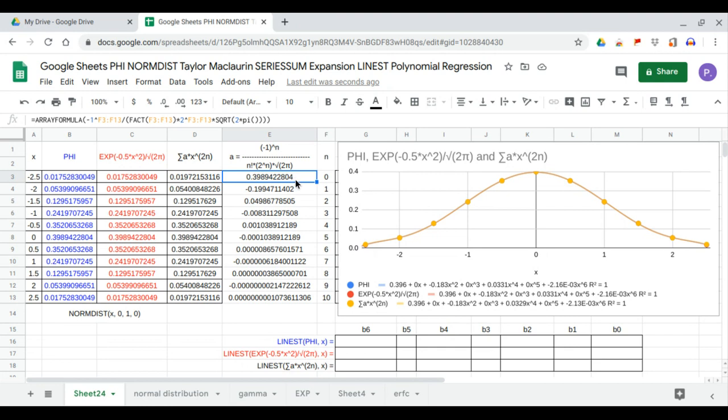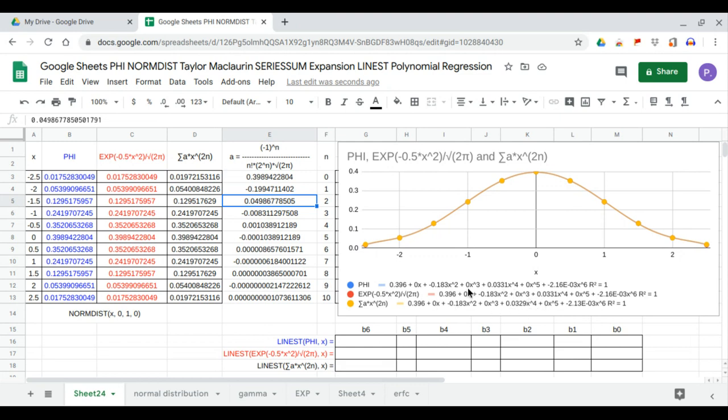Our A0 is 0.398. This is 0.396. Our A1 is negative 0.199. No, this is negative 0.183. But they're close. Our B4, 0.0498, is very far away from 0.0331.